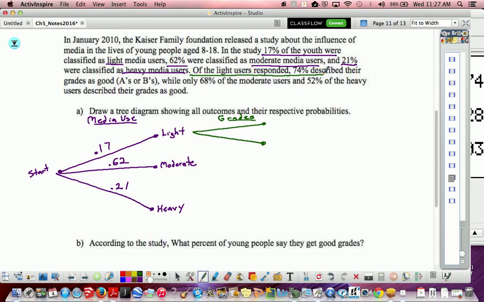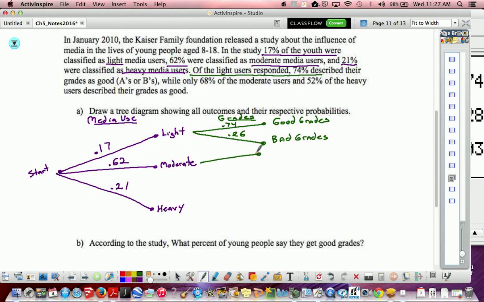Of the light users responded, 74% describe their grades as good. So we're going to say good grades, I suppose, for lack of a better term, bad grades. So 0.74. So what would be the probability for the bad grades? 0.26.